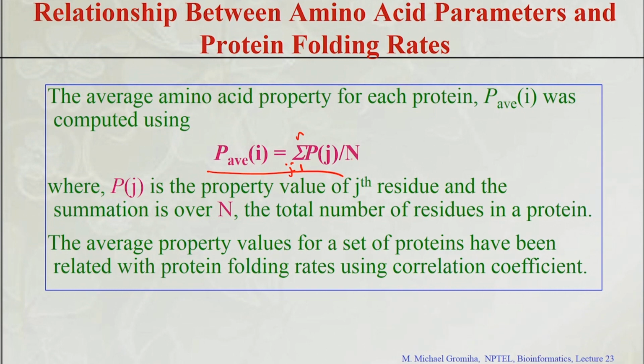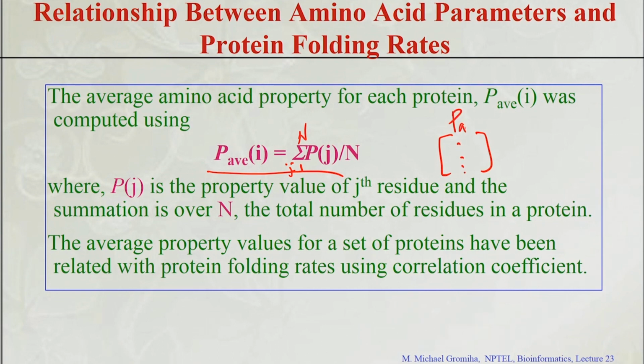Then we normalize with n. Then for any protein i, we get the average value. For example, if we have 100 proteins, for all the 100 proteins we can calculate the average property.